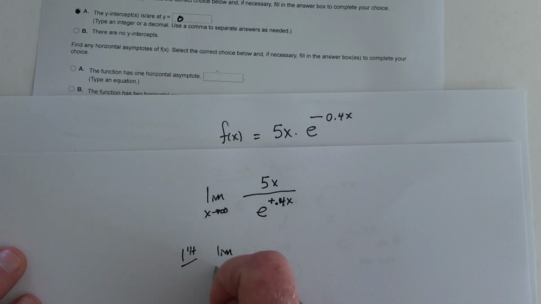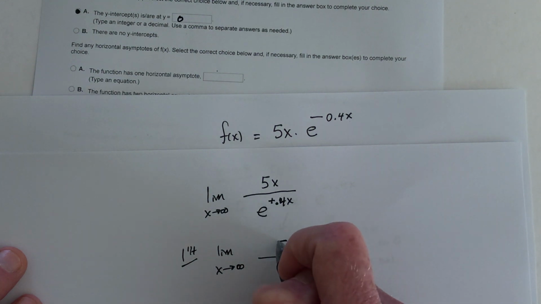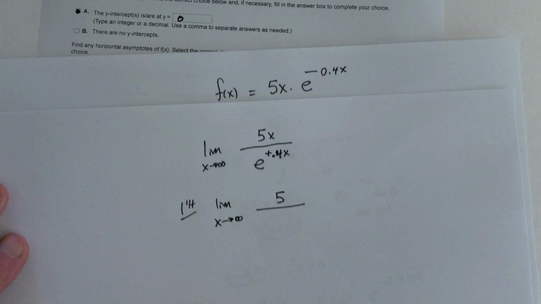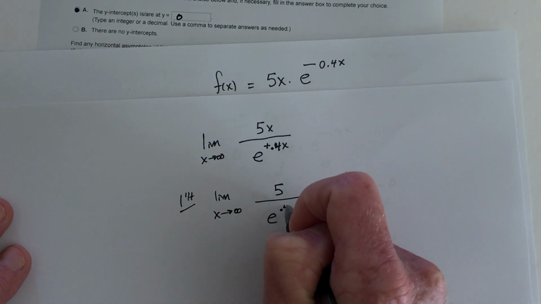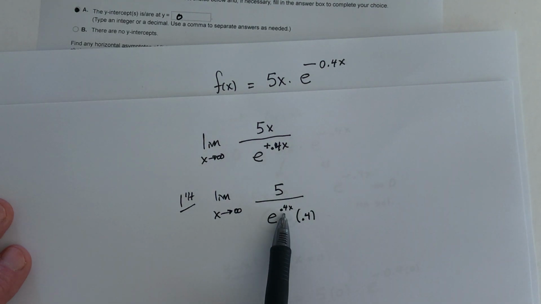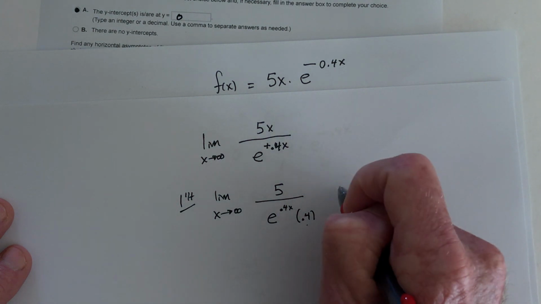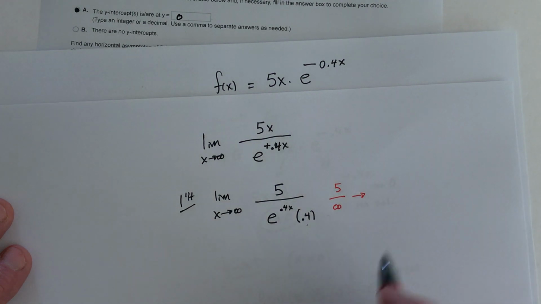And that will be the limit as x approaches infinity. On the top, the derivative is 5. On the bottom, the derivative of the e function is the e function, and then because of the chain rule, I need to take the derivative of this, which is 0.4, and multiply. Since x is going to infinity, the bottom is going to infinity. So this is 5 over infinity, and a 5 divided by a huge number is so small it becomes 0.